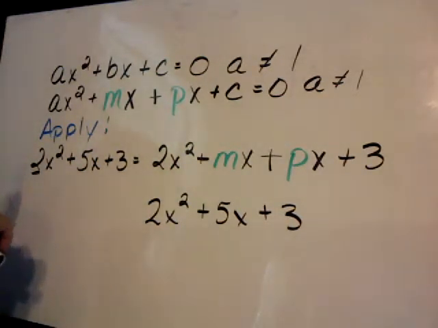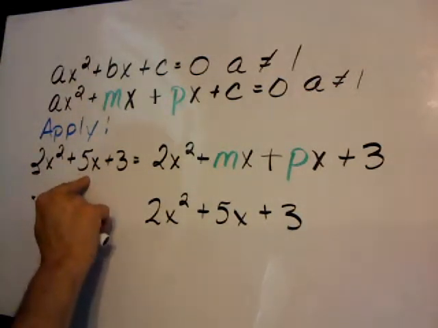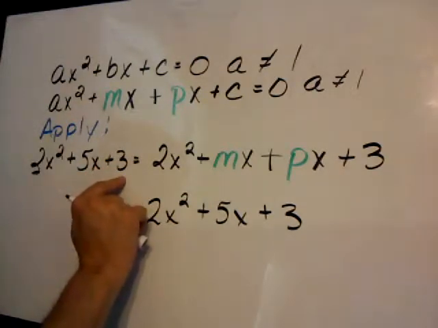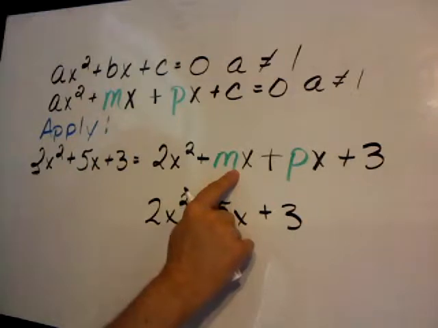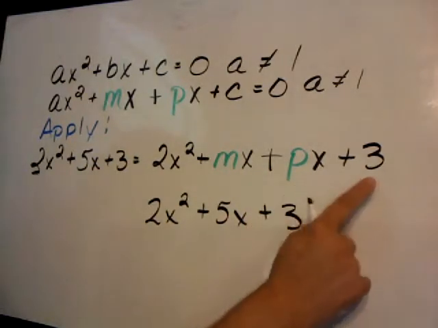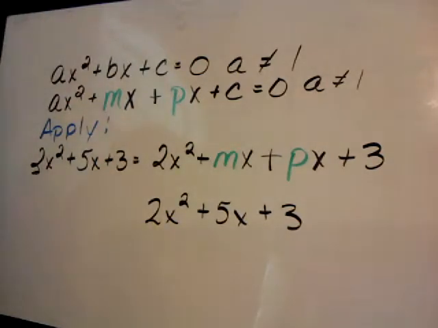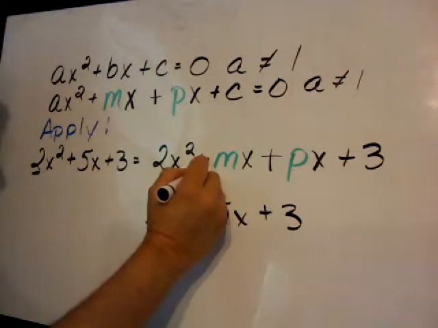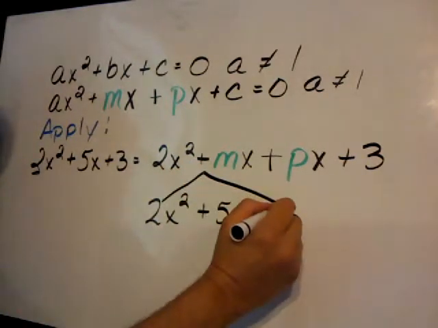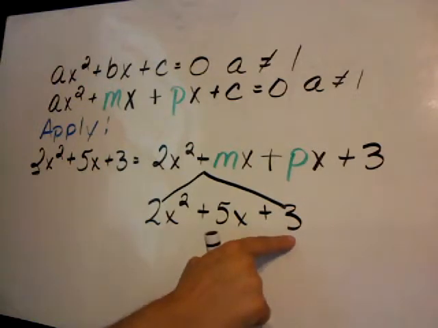This is on page 510 in your book. 2x squared plus 5x plus 3 can be rewritten as 2x squared plus mx plus px plus 3. Now our new method that we're going to be using to factor is we're going to multiply the 2 times the 3, the number in front of the a and the c.